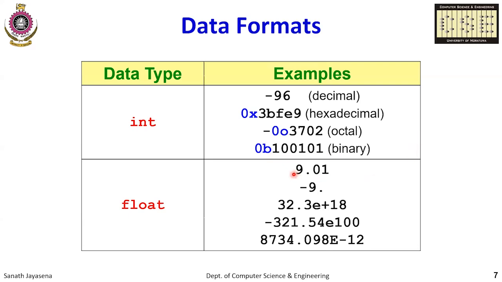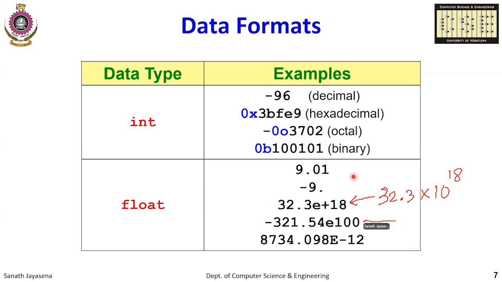For floating point examples, say 9.01, and minus 9 dot, even with a single dot and nothing after it, is a floating point number. And here is a way to represent 32.3E18, where E indicates 10 to the power. So this is equal to 32.3 multiplied by 10 to the power 18, right?